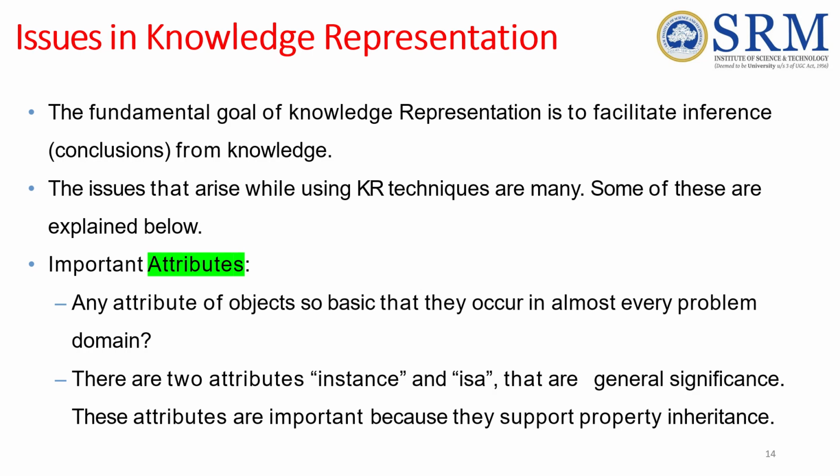Tommy is an instance of a dog that can bark, can move, and needs food. So the advantages: it reduces the duplication of knowledge, supports the inheritance of properties, improves the reasoning efficiency, organizes the knowledge hierarchically, and makes the knowledge representation simpler and more compact. So this is about it.